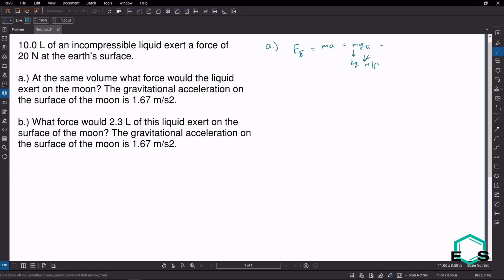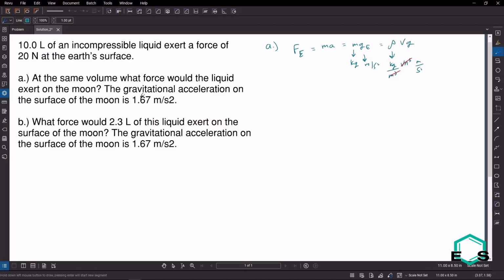So this is kilograms times meters per second squared, which is just a newton. And if I do density times volume times gravity, this is kilograms per meter cubed, times volume, which is meters cubed, and then meters per second squared. So you can see that these units line up, and it's still a newton.